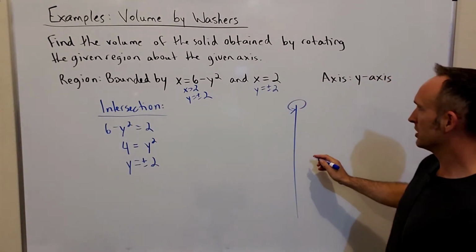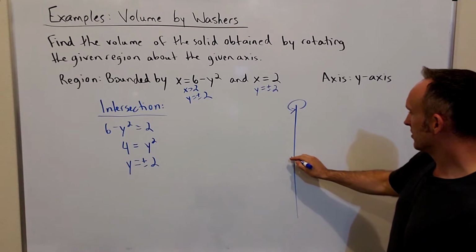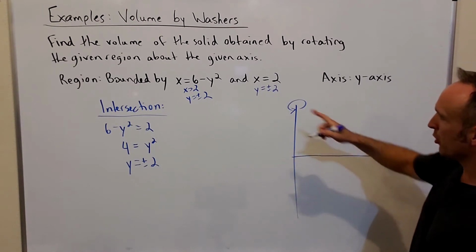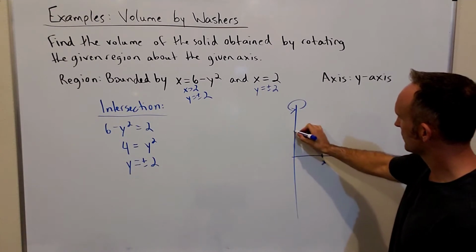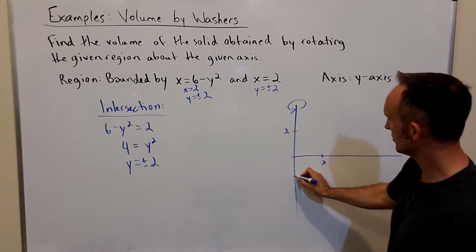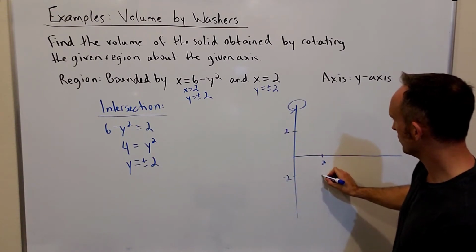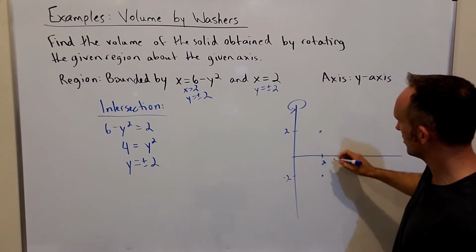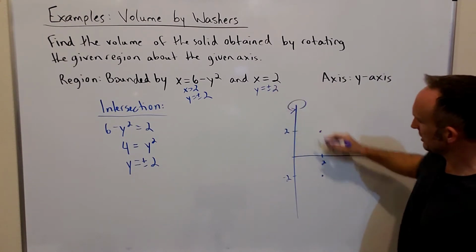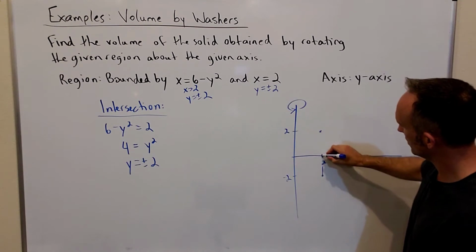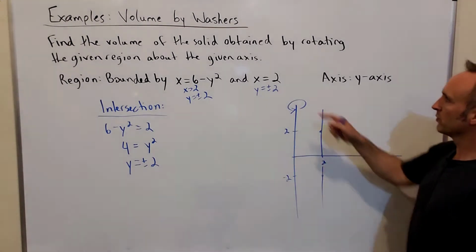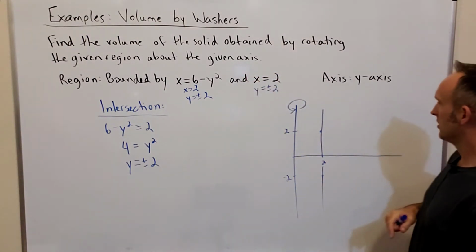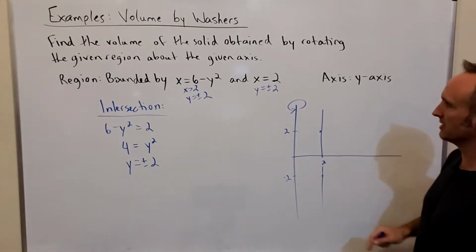And we're looking at the point 2, negative 2. So let's say this is 2, then this is 2, and this is negative 2. I know that the 2 points of intersection are there and there. I also know that x equals 2 is one of the boundaries of the region. So that's the line x equals 2.